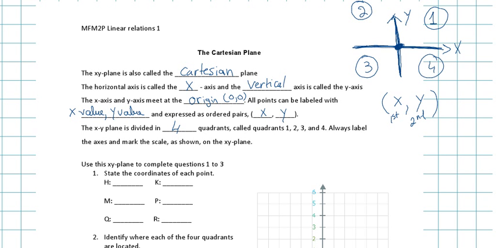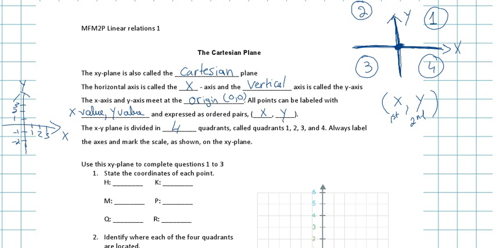Now, when you're graphing, or when you're putting your points on the graph, you must always label the axis. So when I draw my graph, I will label them X, Y. Make sure you have the X and the Y, and make sure you mark the scale. So that means if you go 1, 2, 3, you must have numbers on your axis.